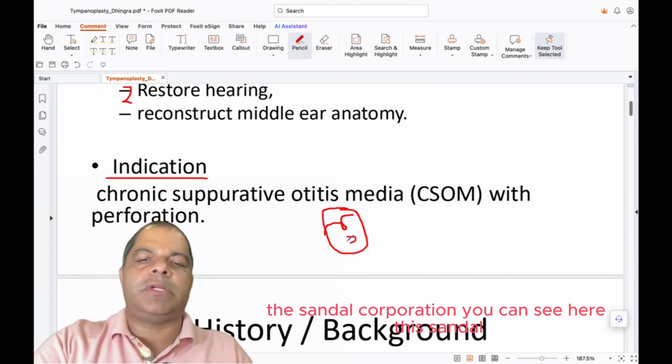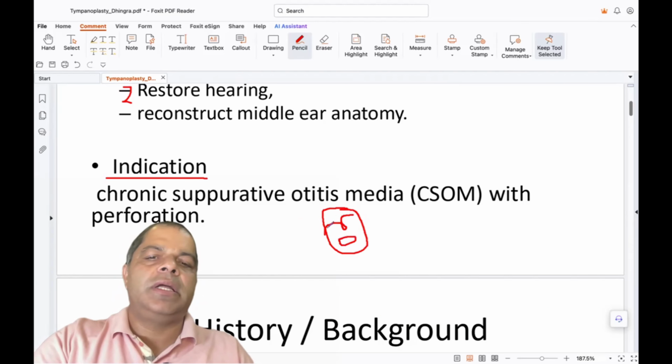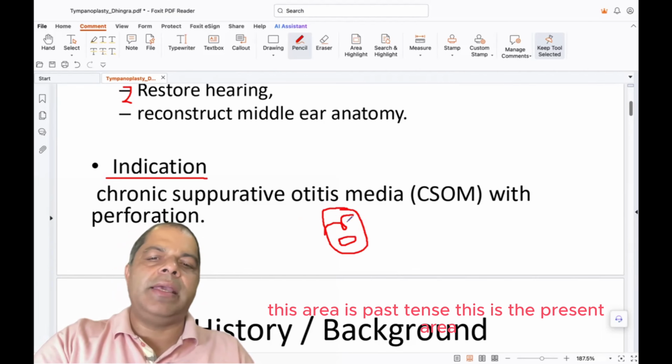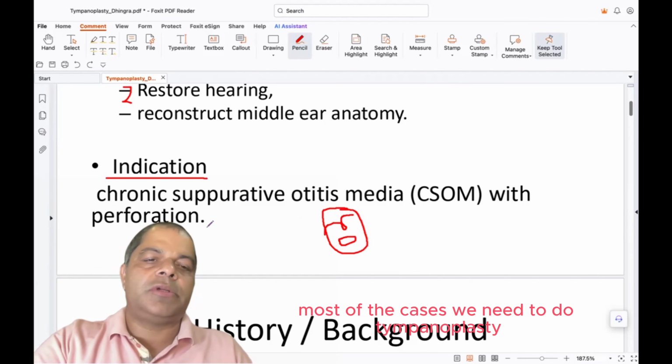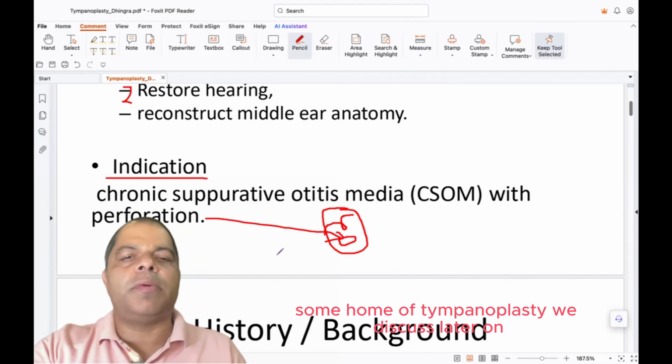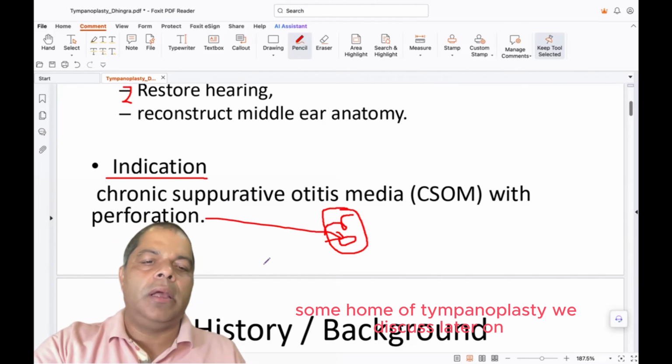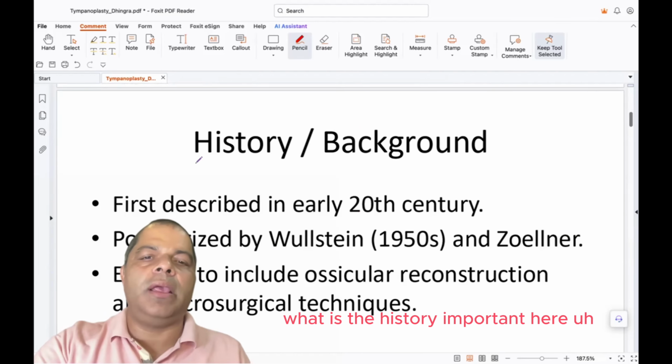Here you can see the central perforation. This area is pars tensa. This is the flaccida area. There is a central perforation over here. In most cases we need to do tympanoplasty, and there are some forms of tympanoplasty we'll discuss later on.